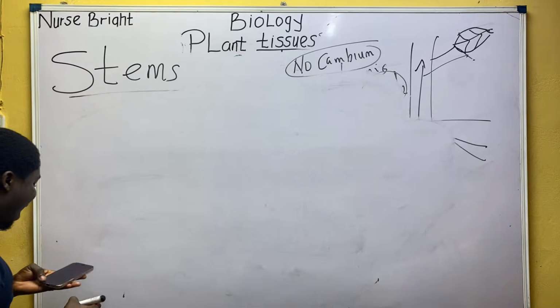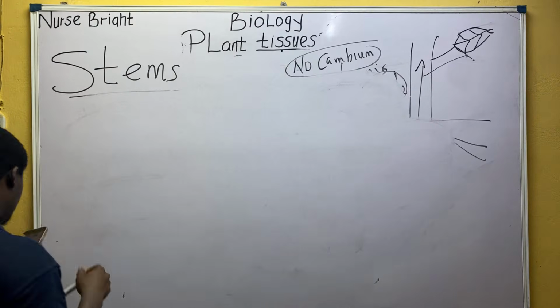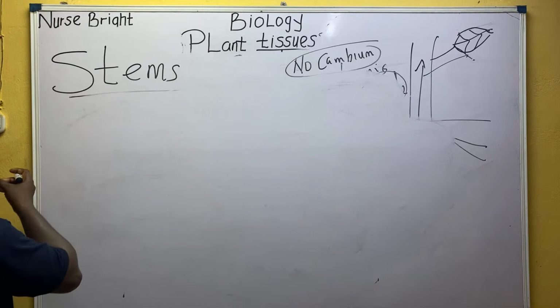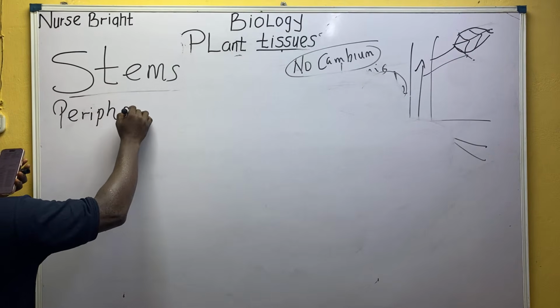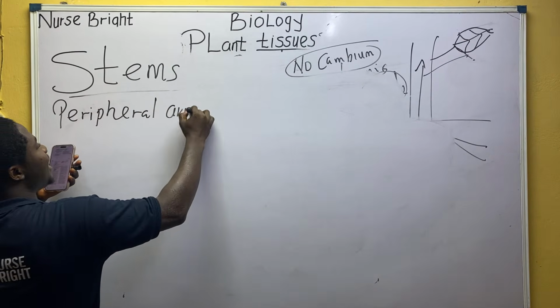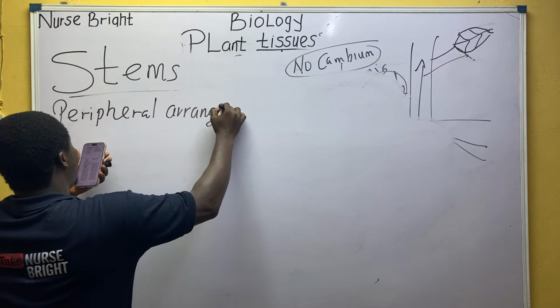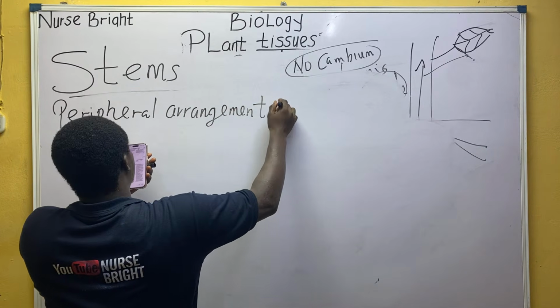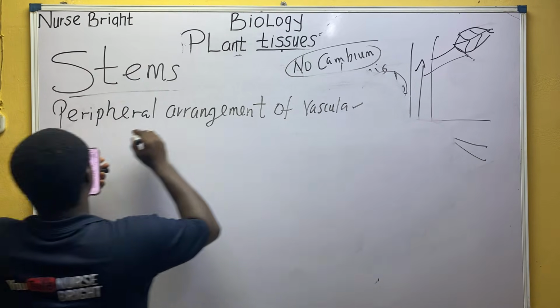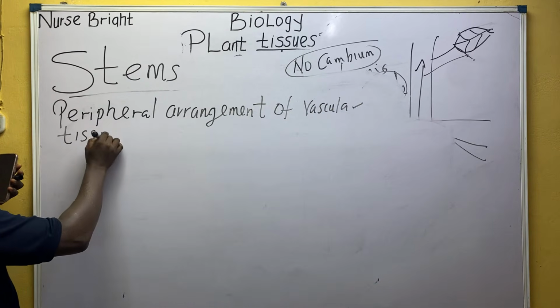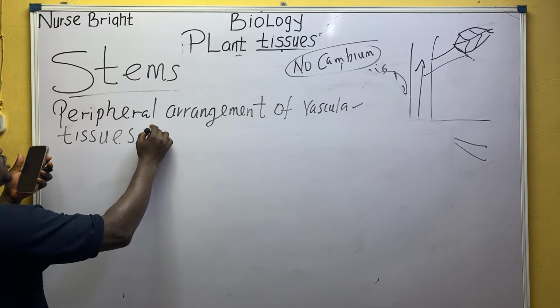So the first one I have here says: peripheral arrangement. The question you ask yourself is, what is peripheral arrangement of vascular tissues? Your vascular tissues are majorly your xylem and phloem tissues.